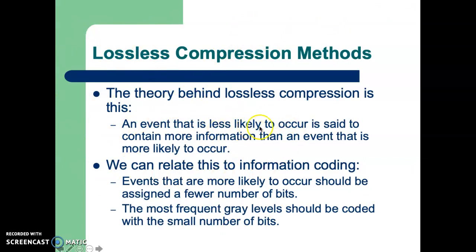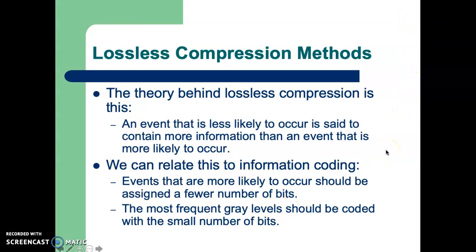Less likely to occur means in your image, the pixel value of 255 only occurs 2 times. But more likely to occur means it will occur, say, 100 times. So maybe here 0, 0, 0, 0, 0, 0, 0.